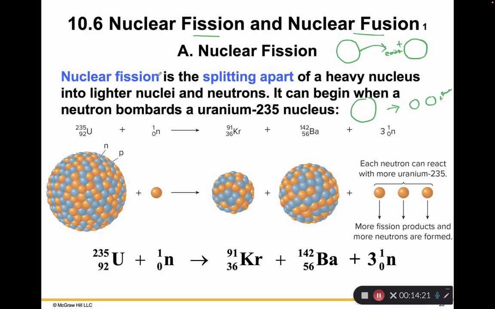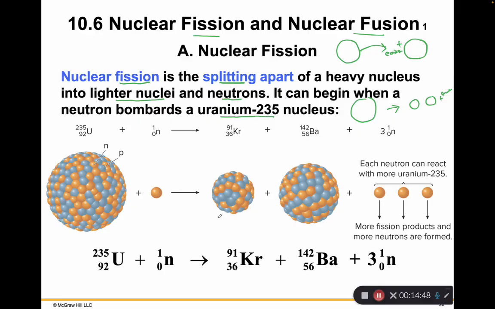Nuclear fission. The word fission means splitting, right? Splitting apart of a heavy nucleus into lighter nuclei, two nuclei, and maybe some neutrons, some other emissions. It can begin when a neutron bombards a larger and heavier nucleus like uranium-235.